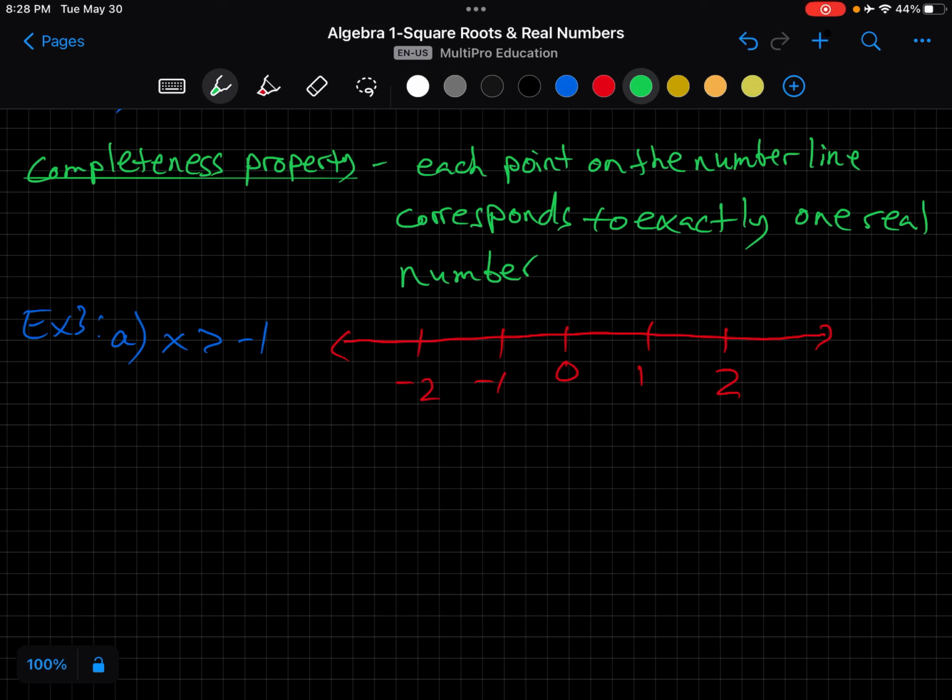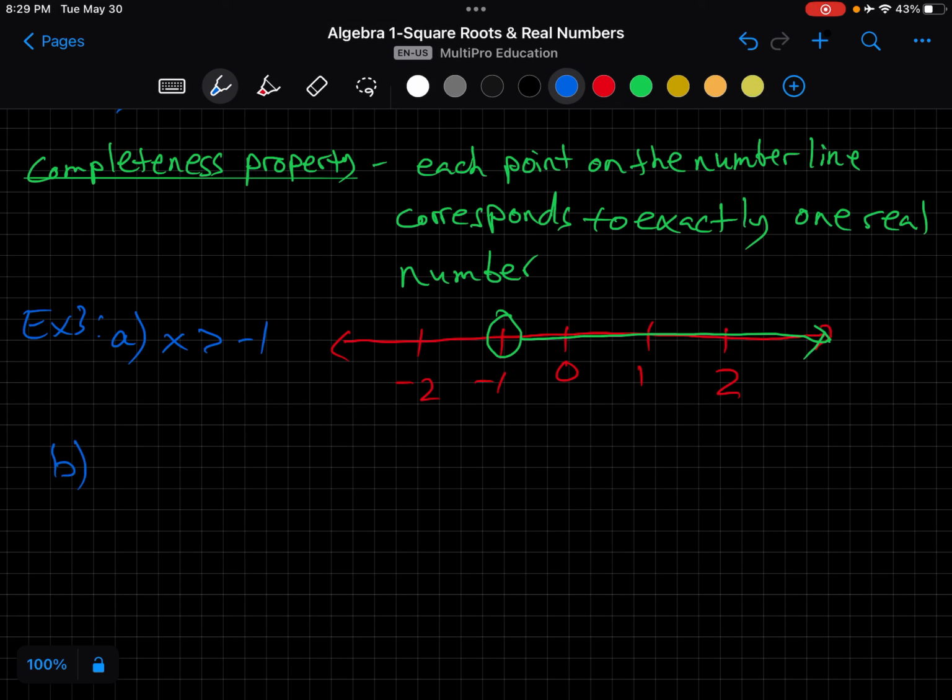We do not want when x is equal to -1, it's only greater than -1. So we draw an open circle on -1, not filled in, because we do not want to include -1. We just want everything greater than -1, which is to the right, so we draw green on top of our red to show that.